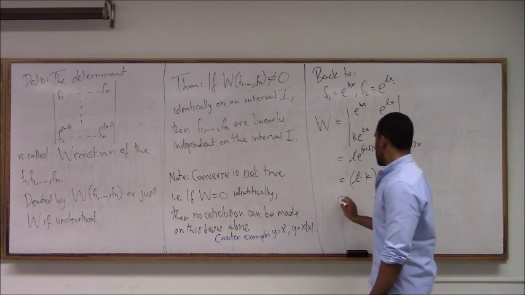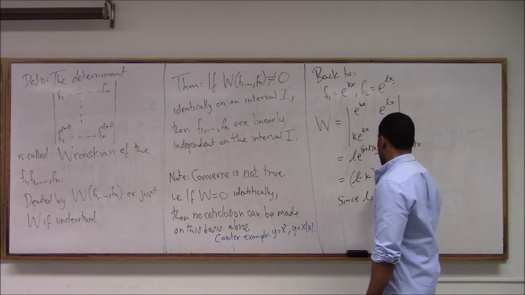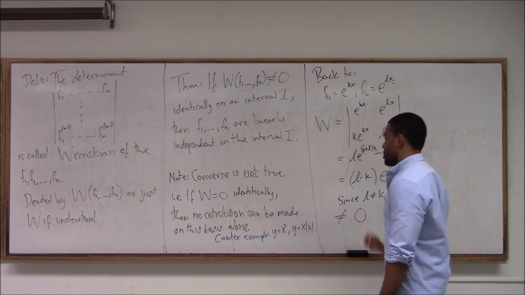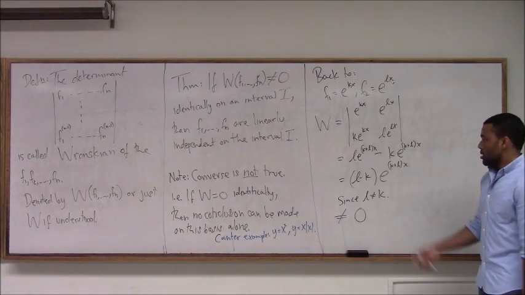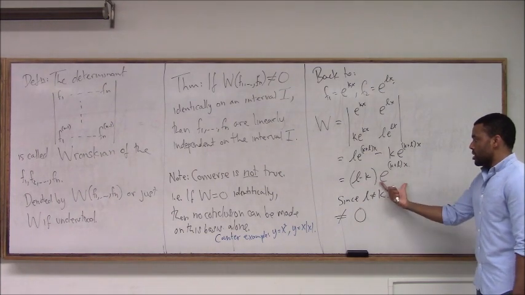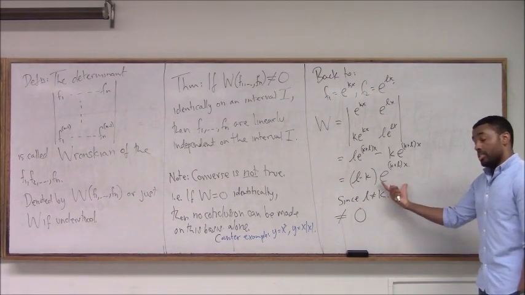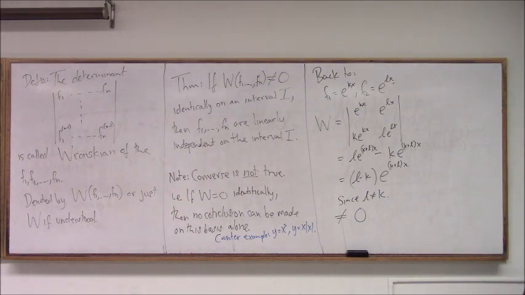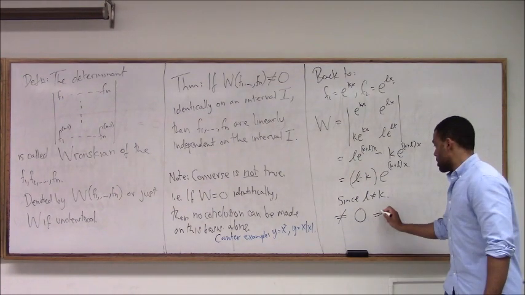And since l is not equal to k, this is not 0. Because the only way for this to be 0 is if this is 0 or that is 0. This is never 0, it's an exponential. That's never 0 because l is not equal to k. So this means they are linearly independent.